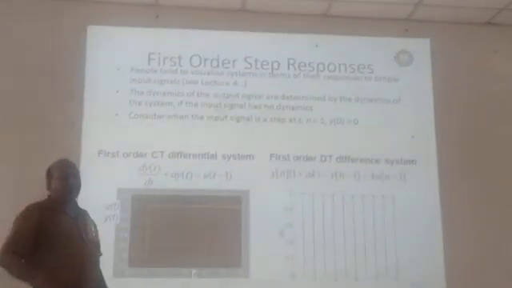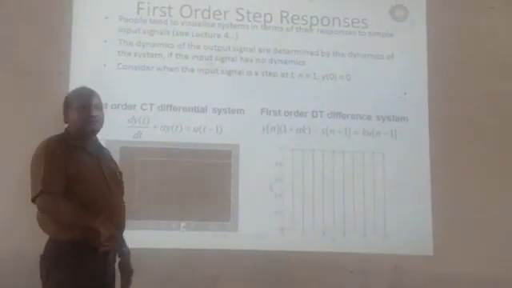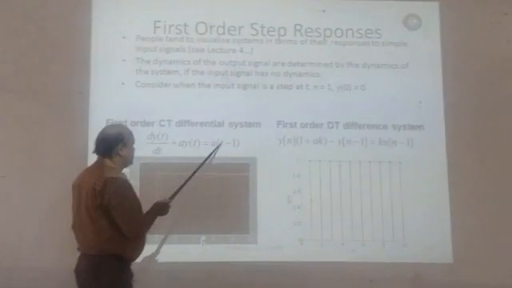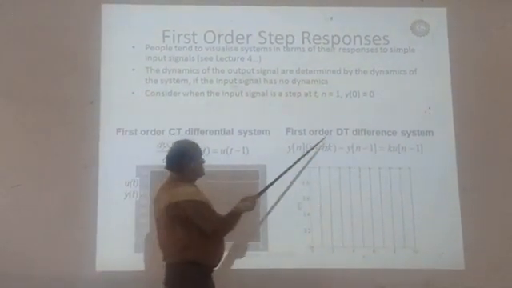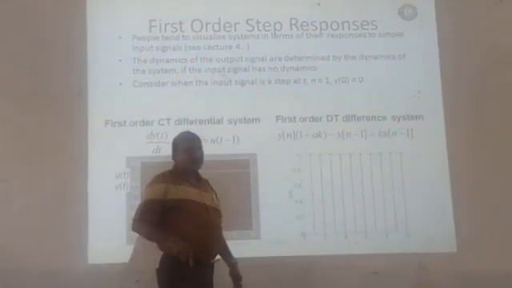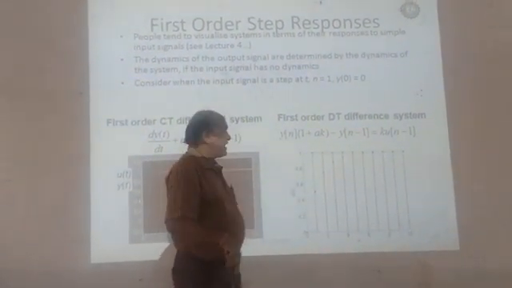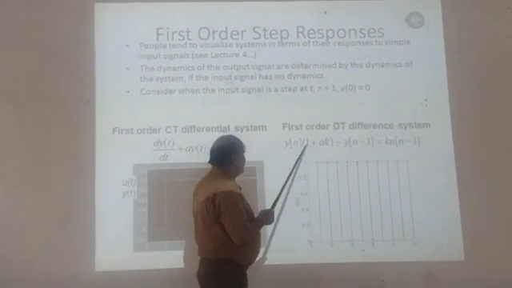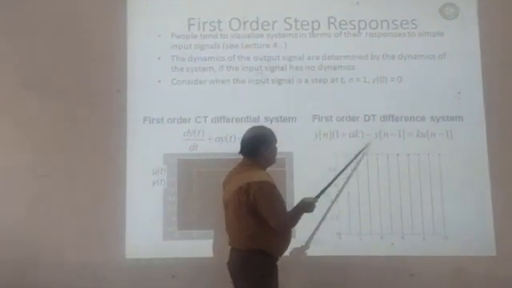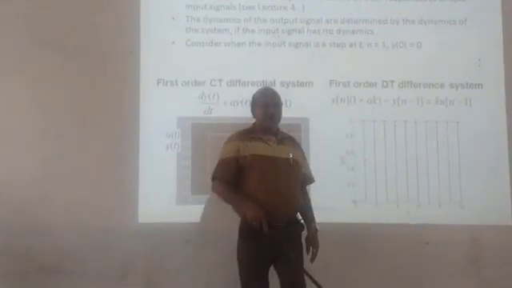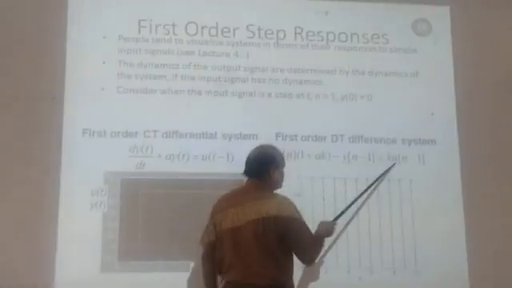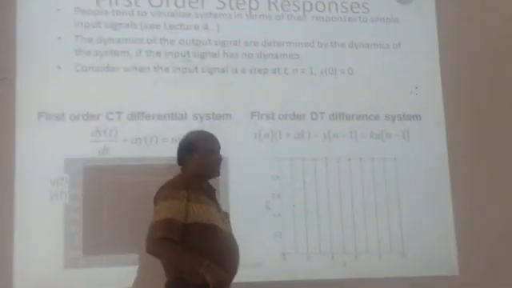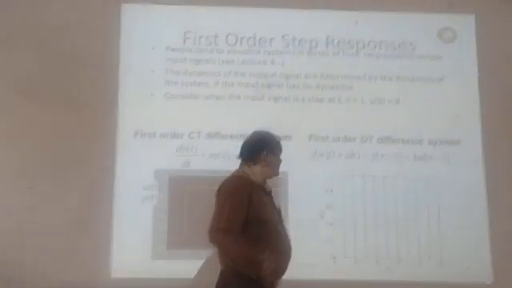This u(t - 1) is the step signal delayed by one sample. This is u(t - 1), that is delayed by 1 unit of time. And this is the first order differential equation for the discrete time system, which is y(n) + a k y(n - 1) = k u(n - 1), where u(n - 1) is the step response, or you can say it is a sample sequence delayed by one sample.